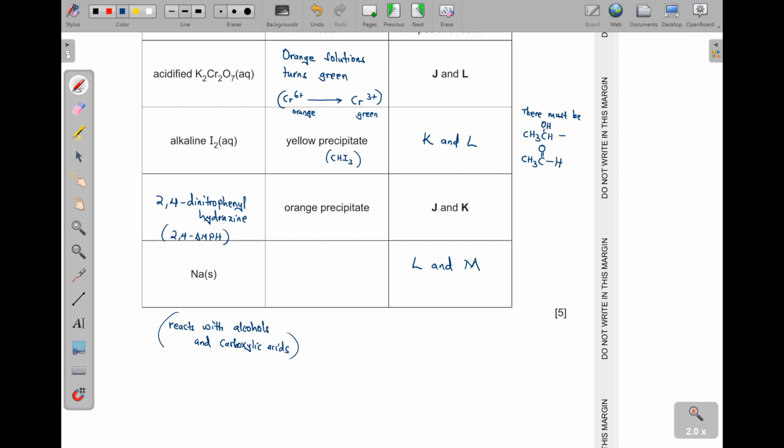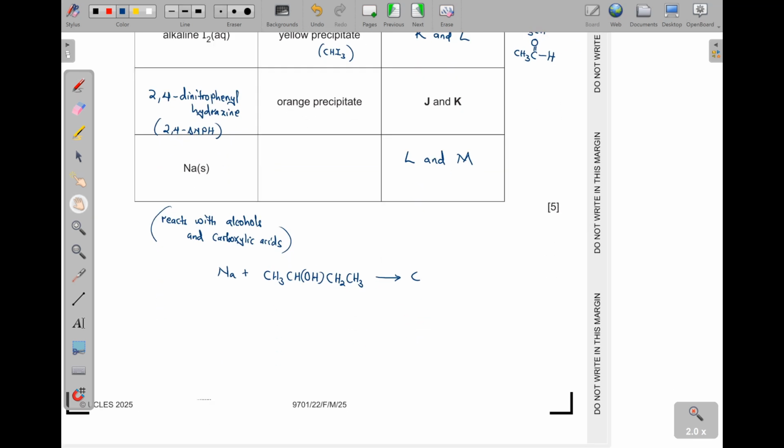When it reacts with an alcohol, this one, CH3, then CHOH, and then CH2, CH3, we are going to get a salt here. We call it sodium alkoxides. So we get CH3, CH, then O, and then we can put the Na.